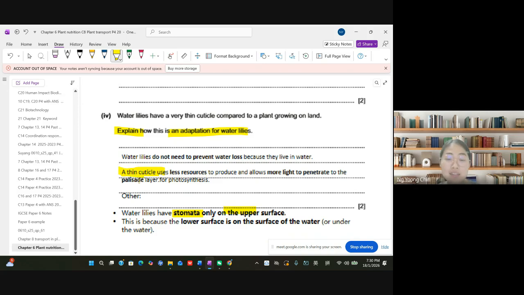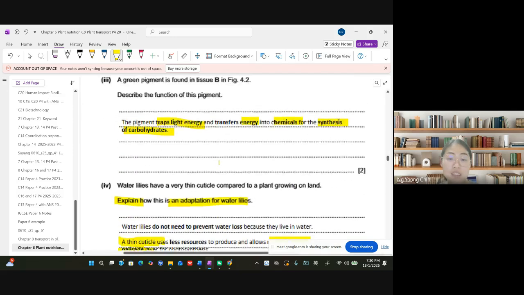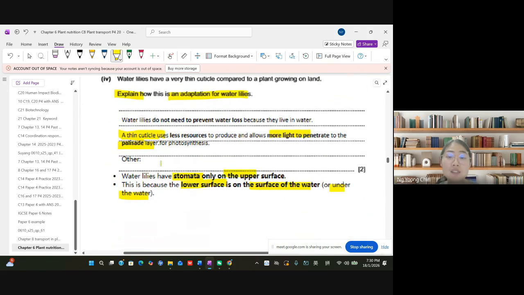You need a thin cuticle because you want to allow more light to penetrate to the palisade cell layer to do photosynthesis. You need the stomata on the upper surface because the lower surface is on the surface of water, or under the water. So stomata can only be on the upper surface. You want to prevent the stomata from being in contact with water. So explain it, this is very important.